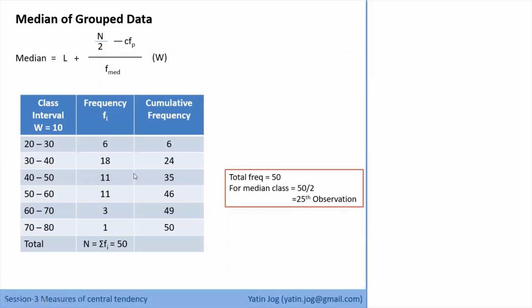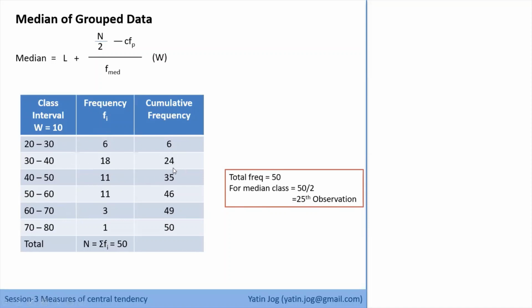Now if I want to find the 25th observation in my class intervals, where is it? What is the meaning of this 6? This 6 means we have 6 observations which are less than 30. The meaning of 24 is we have 24 observations which are less than 40.